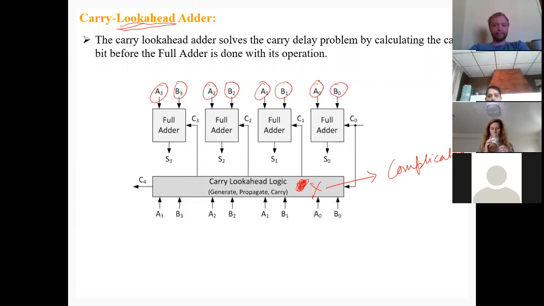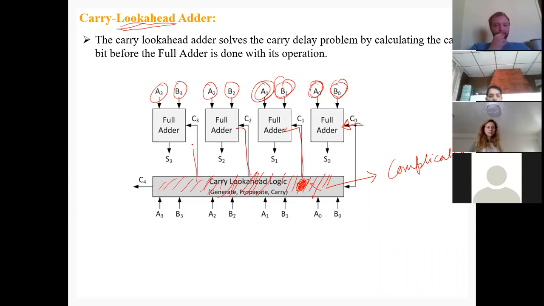At the time you send in A0, B0, your carry is ready there. At the time your A1 and B1 are there, your carry is ready there. Because this guy will just calculate the carry only, and make it ready.